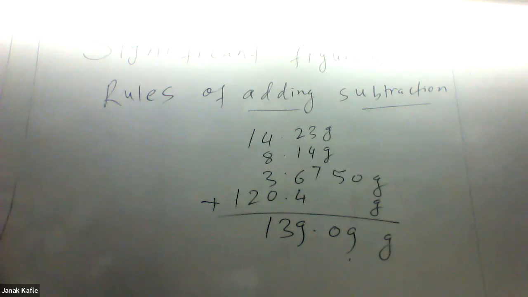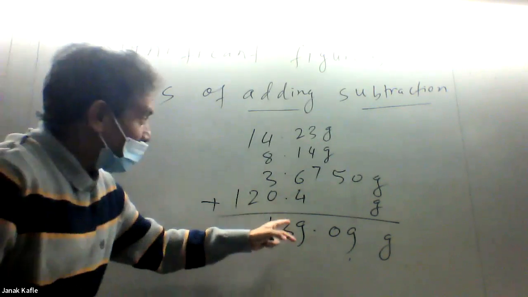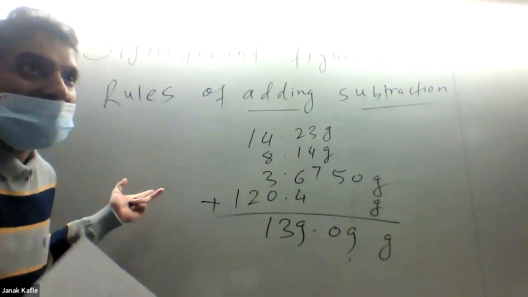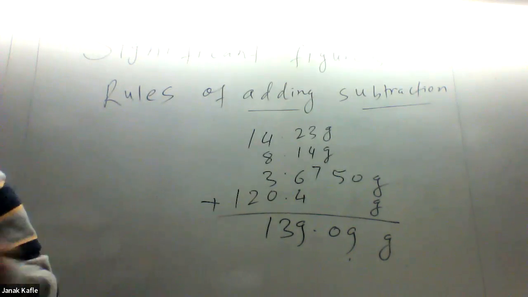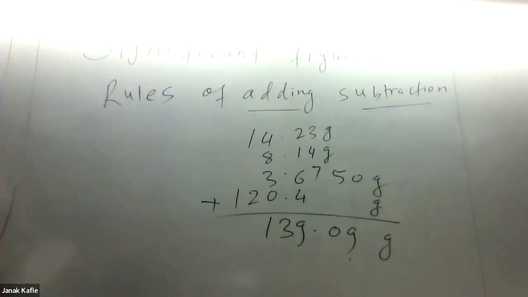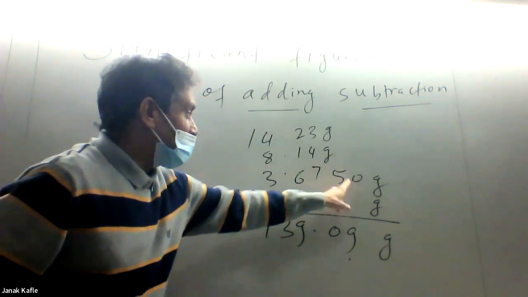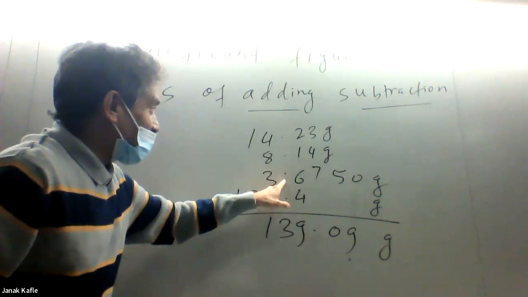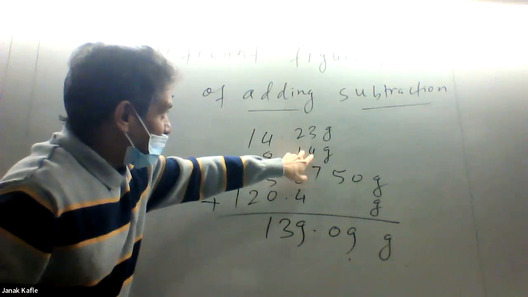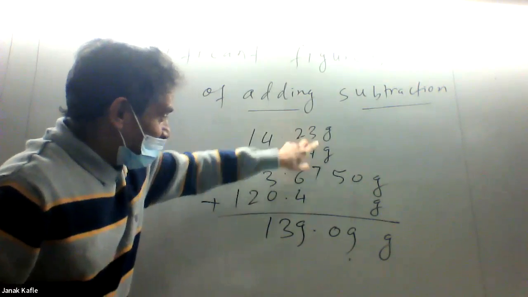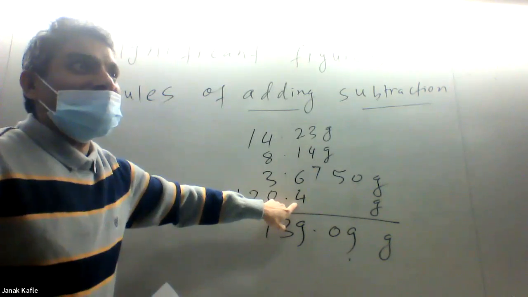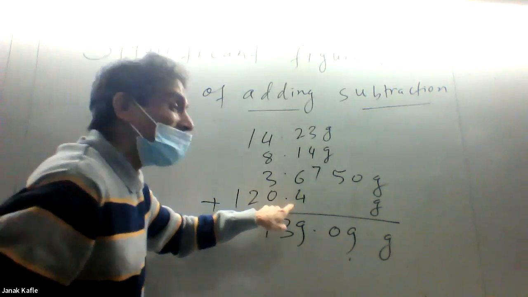So 139.09. Now again, look here. What we need to look at is the least accurate measurement here, right? This is a very accurate measurement, with 4 digits after the decimal. Here are 2 digits after the decimal, and here is only 1 digit after the decimal, right? So this is the least accurate measurement.